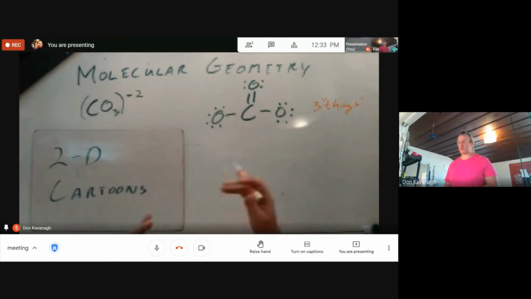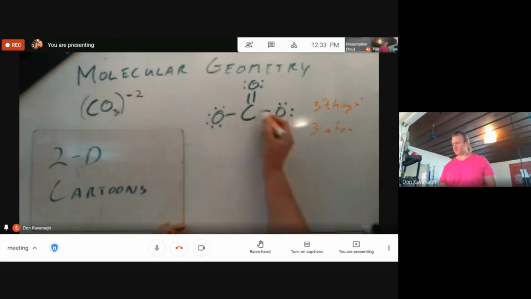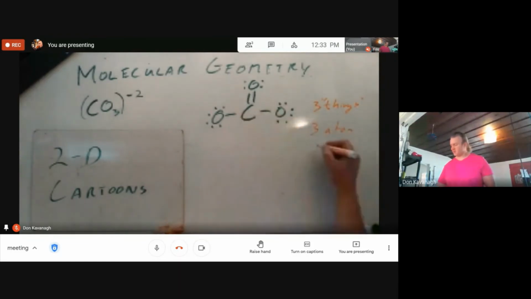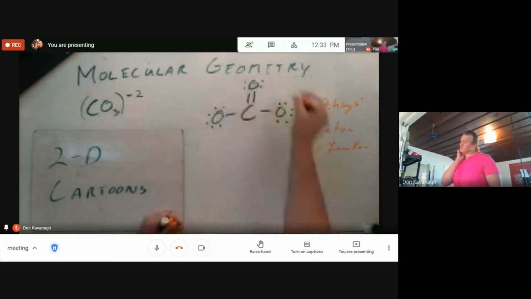I'm just counting what are the things that are pointing out of it: atoms and lone pairs. Of those 3 things, 3 of them are atoms, 1 atom, 2 atom, 3 atom, and 0 lone pairs coming off just that central carbon there. I'm not looking at this other stuff here.